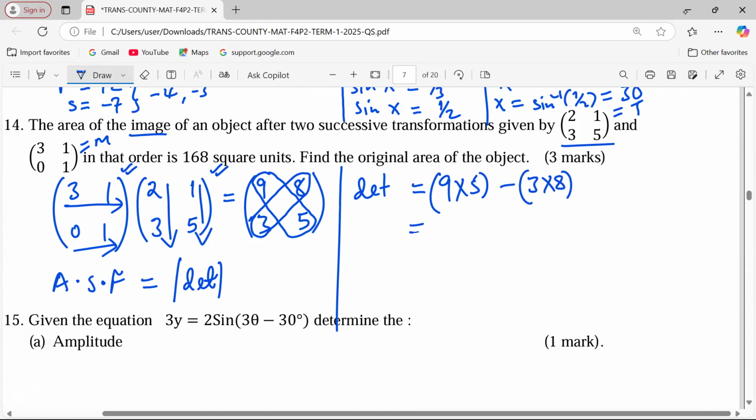So I'm getting a determinant of 45 minus 24. This will give us exactly 21. So the determinant is 21, which means the area scale factor is 21.